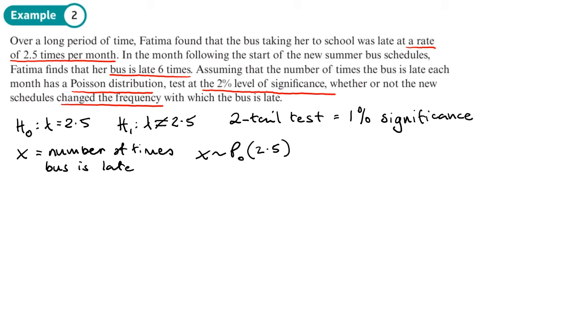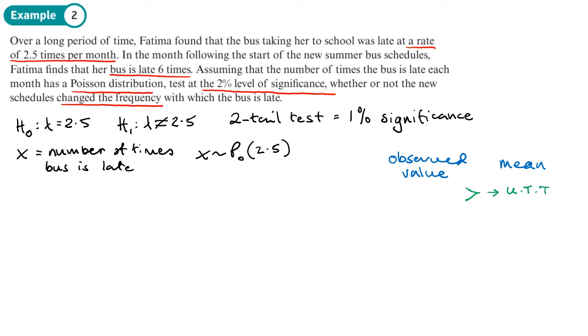So what do we do? We always look at our observed value and compare it to the mean. Now, if our observed value is greater than the mean, we do an upper tail test.